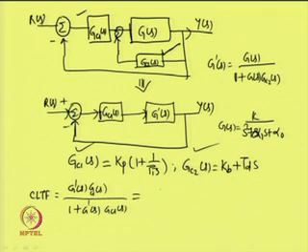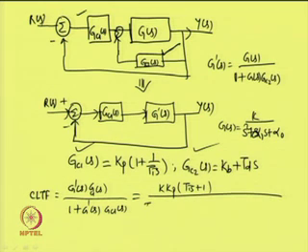Upon substitution, this will give us k Kp (TI s plus 1) over TI s times (s square plus (alpha 1 plus k TD) s plus (alpha 0 plus k Kb)) plus k Kp (TI s plus 1).